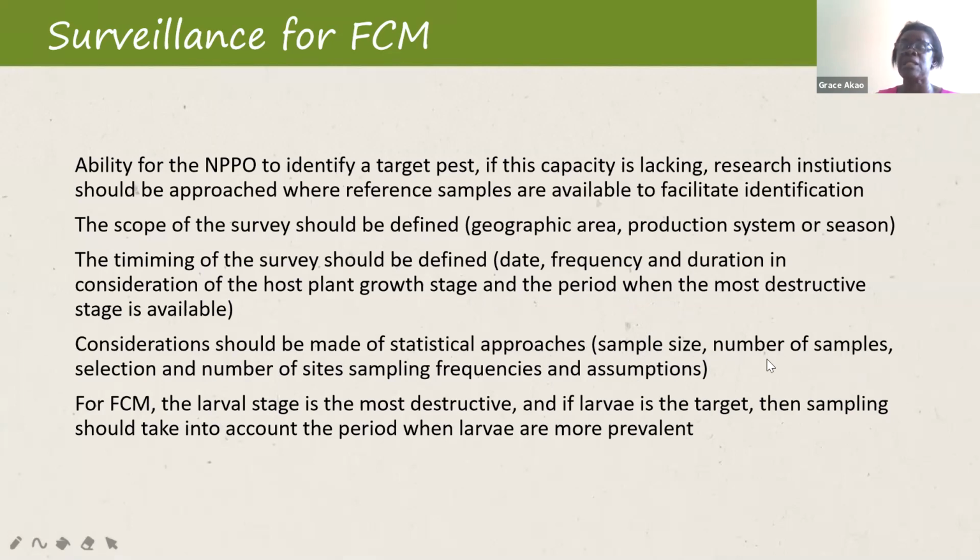Normally in greenhouses, the plants are counted and documented, and therefore you know the number of plants, and therefore you know the sample size and the sampling pattern and all that goes into the statistics that enables you to come up with concrete data and concrete analysis. For FCM, I did mention that, of course, it's the larval stages which are more destructive.